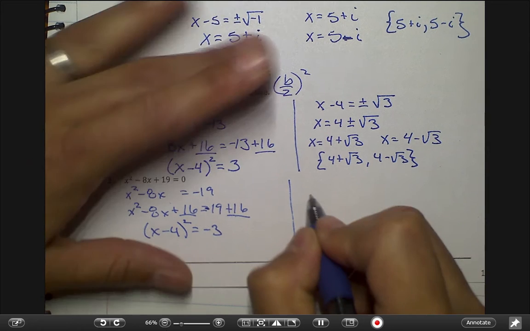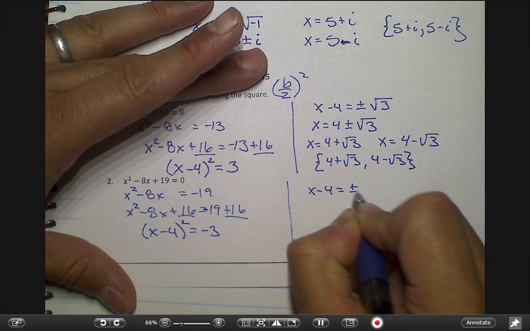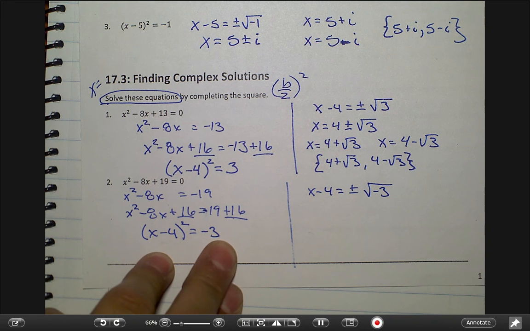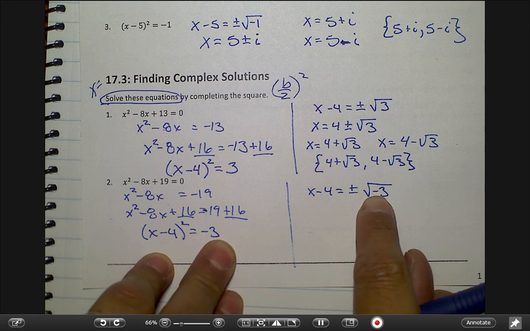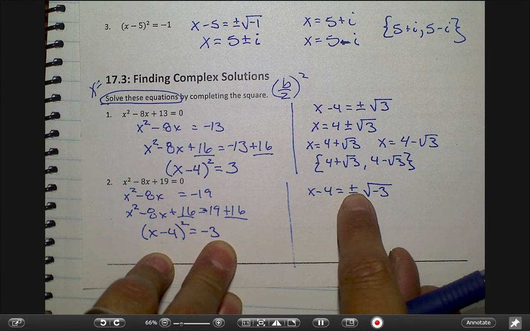So that's going to be x minus 4 equals plus or minus square root of negative 3, right? Okay, and right here, because the negative is on the inside, that becomes square root of 3 times i. That's an i, right? It's going to come in front of my square root of 3.